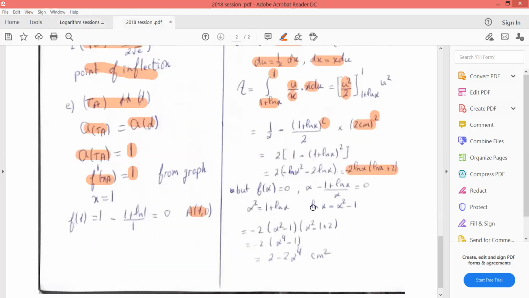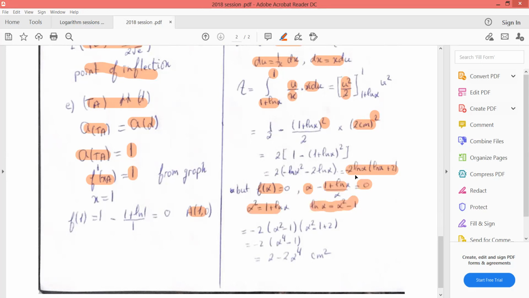So I say f of alpha equal to 0, meaning alpha minus 1 plus ln alpha over alpha equal to 0. So alpha squared equal 1 plus ln alpha, and ln alpha equal alpha squared minus 1.